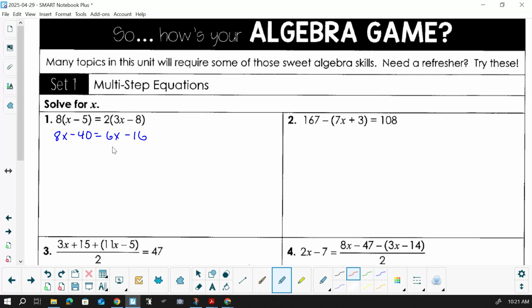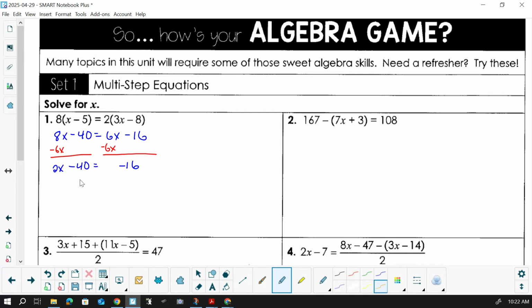Now we are going to subtract 6x from both sides. And when we subtract that 6x, we get 2x minus 40 equals negative 16.